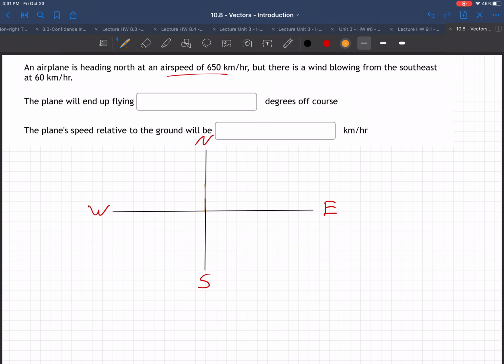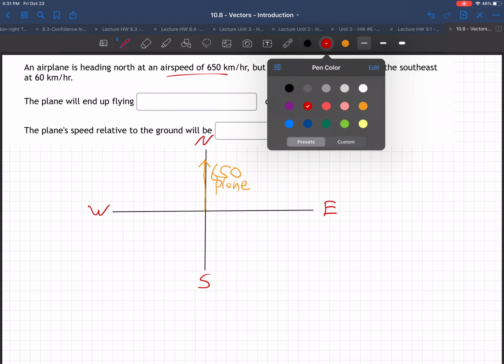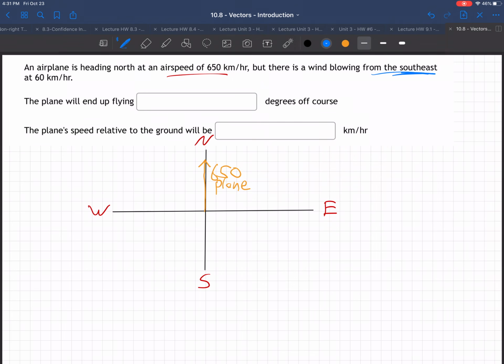So here's the plane. It's heading north, 650 kilometers per hour. That's his vector. That's the plane's vector. Okay, but there's a wind blowing from, notice what it says there, from the southeast. So where's the southeast? This is southeast right here.